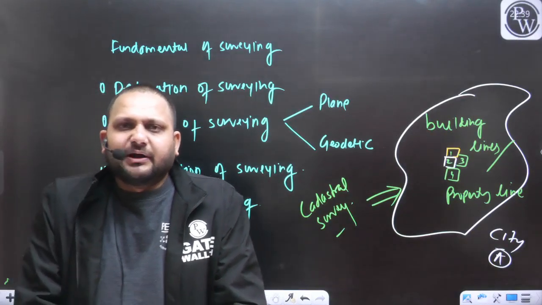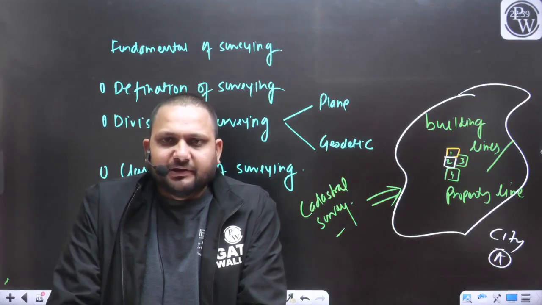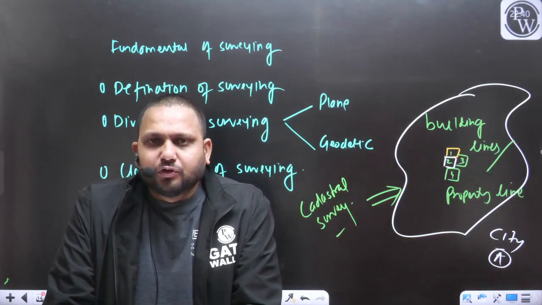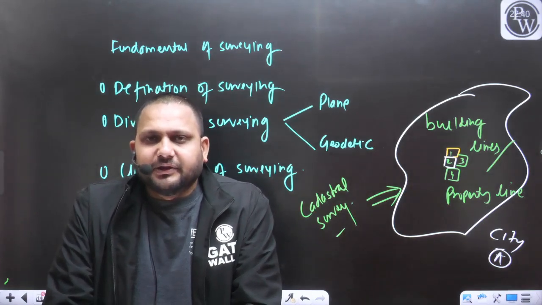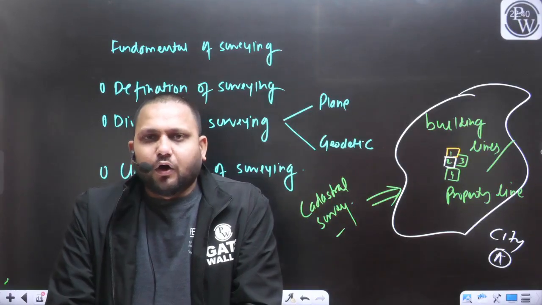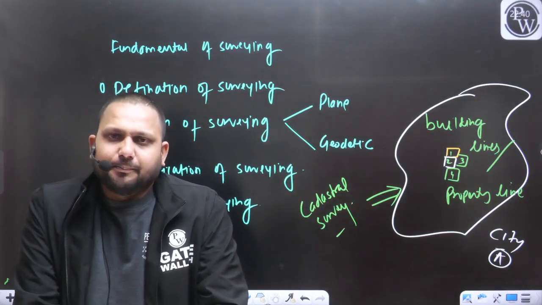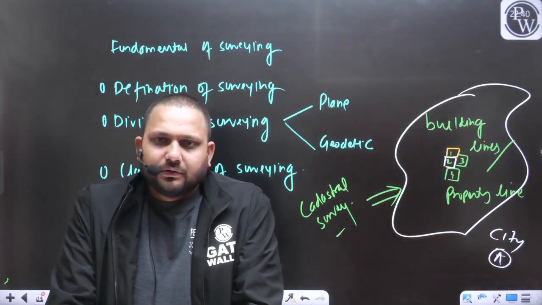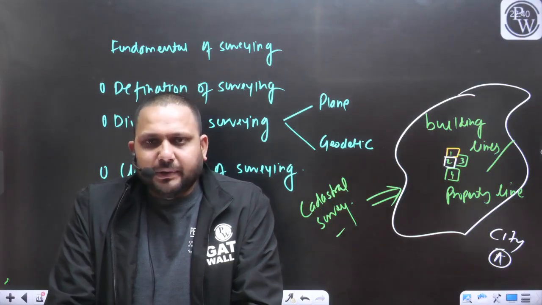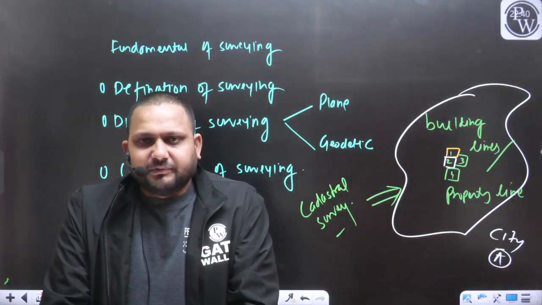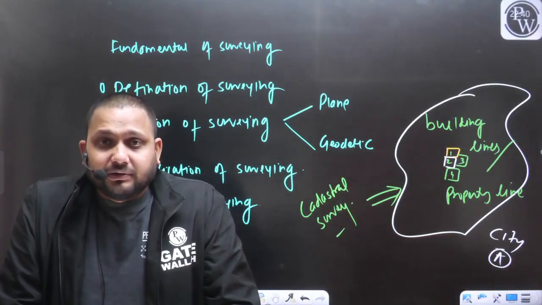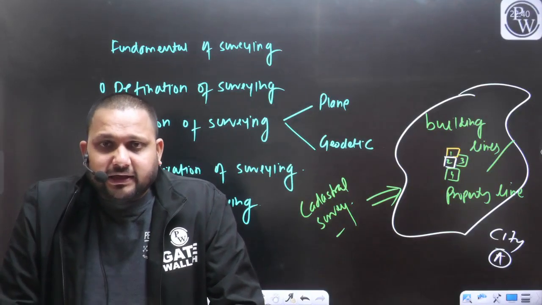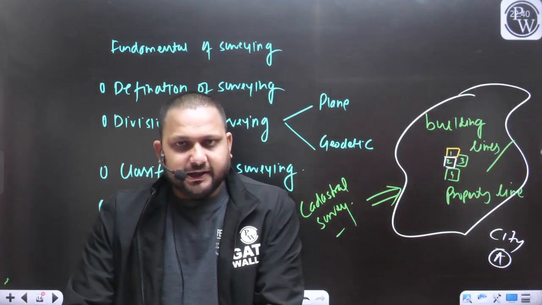Theodolite is an instrument which we use for angular measurement. With the help of the theodolite, we can measure the horizontal angle and the vertical angle. Total station is an instrument with which we can measure both horizontal and vertical distance, as well as both horizontal angle and vertical angle.